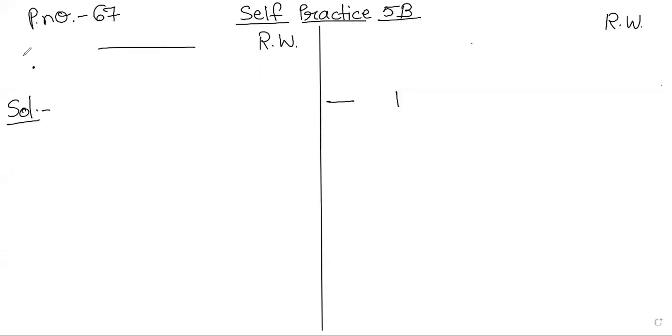Divisor is 24. 24 is the divisor. So we will require the table of 24 to solve this question. And the dividend is 7204. First of all, let me write the table.